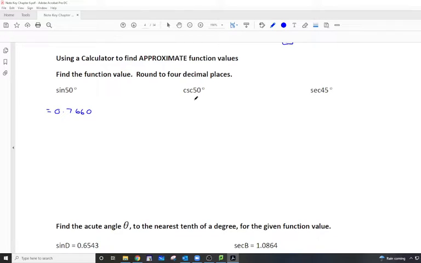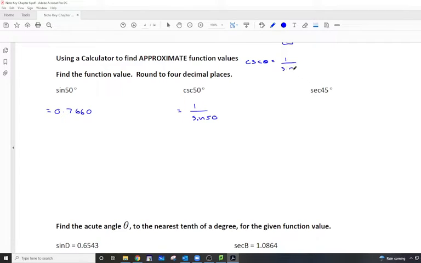The next thing we want to do is, what if I asked you to find the value of cosecant of 50? We do not have a cosecant button in our calculator. So what you have to do is use your knowledge of reciprocals to say that cosecant is the reciprocal of sine. And it's in your formula sheets. It might be in the chapter 7 stuff, but chapter 6 and 7 are so linked that you can use them both.